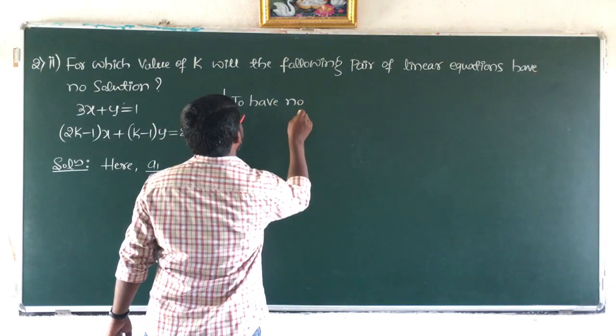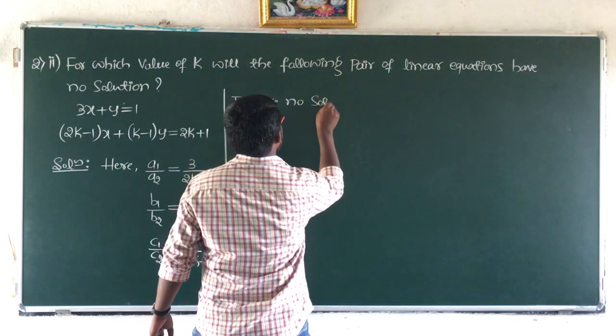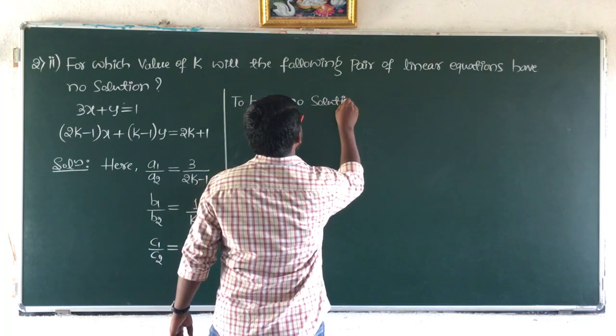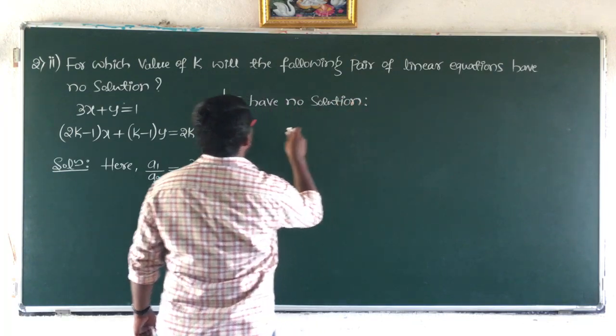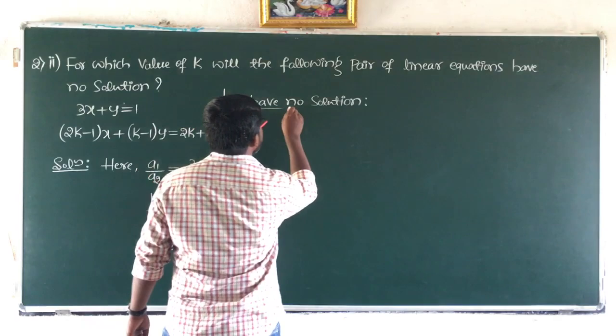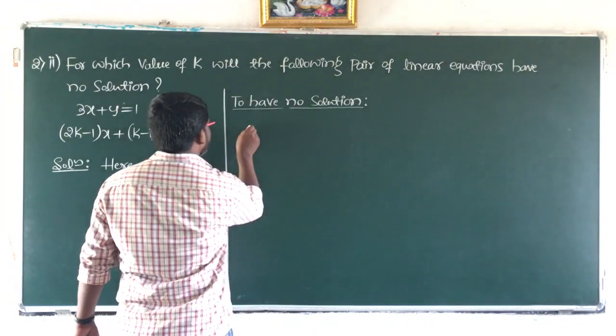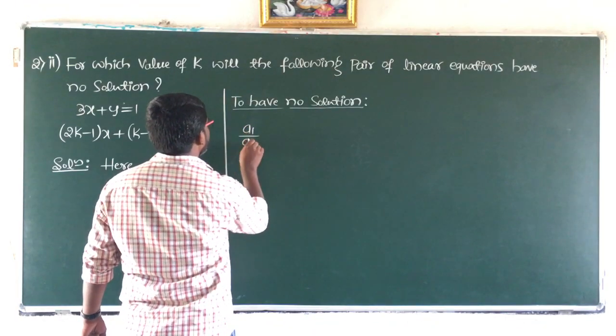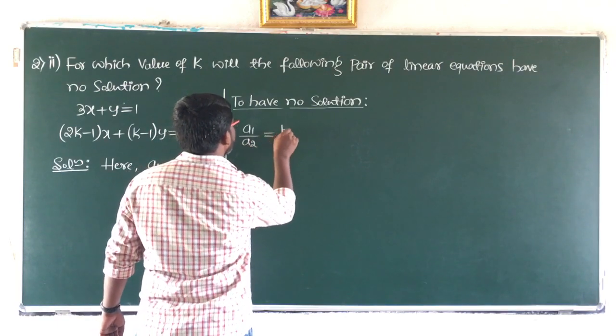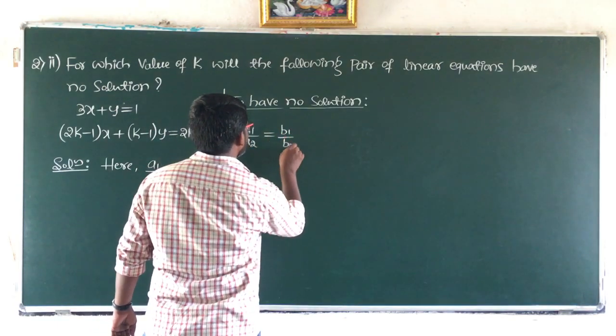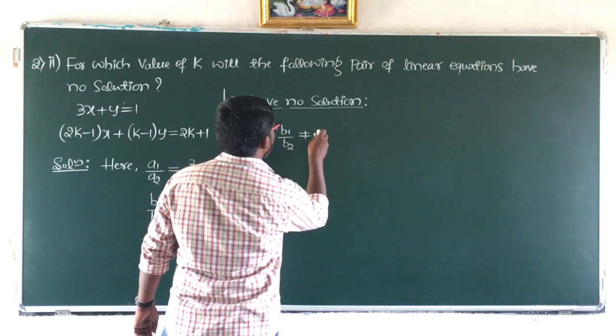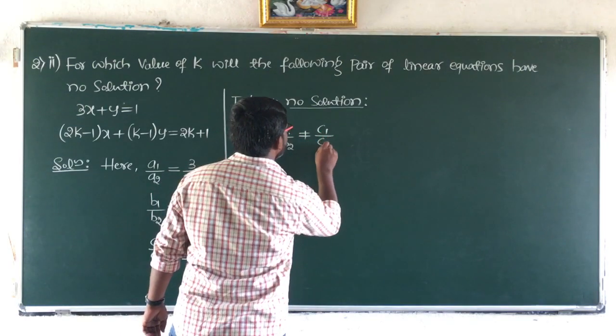So now see here, to have no solution, the condition is a1 by a2 is equal to b1 by b2, which is not equal to c1 by c2.